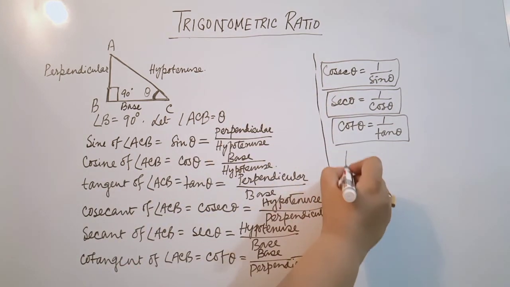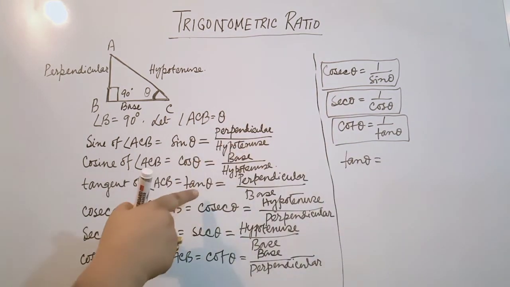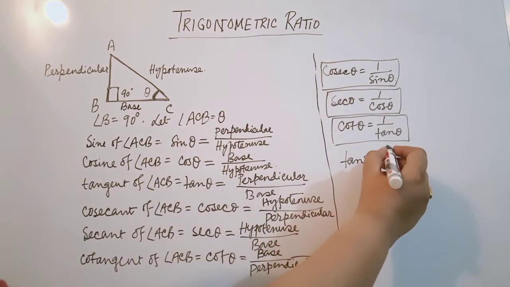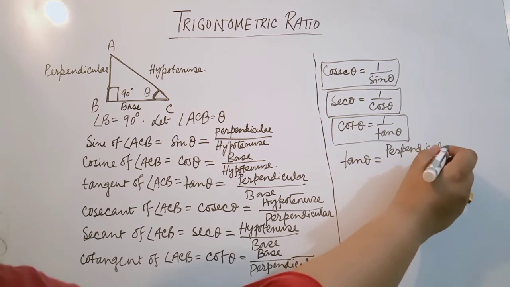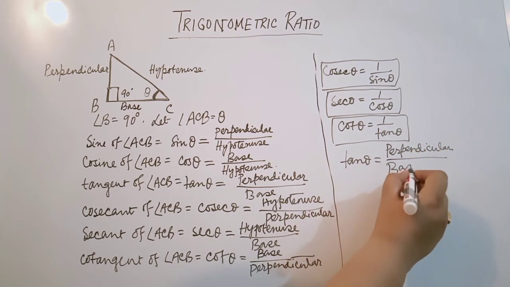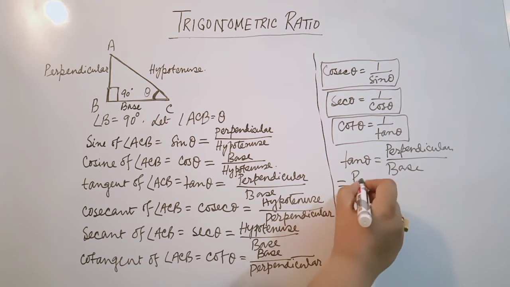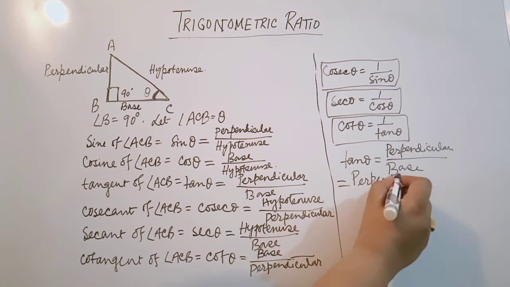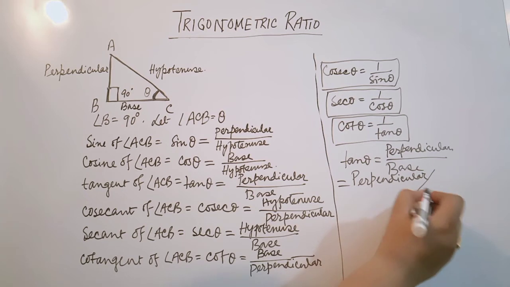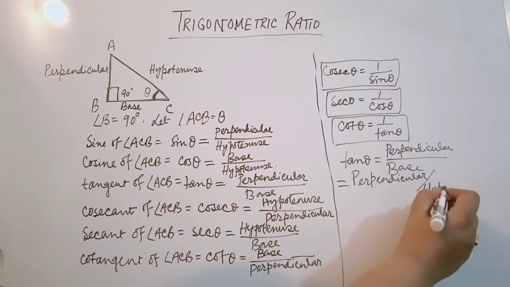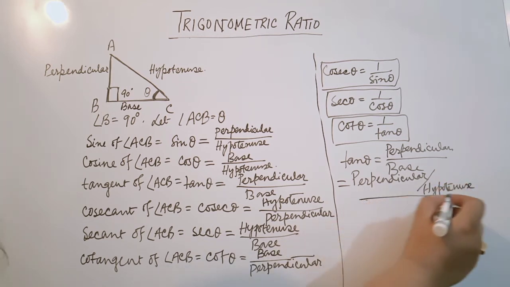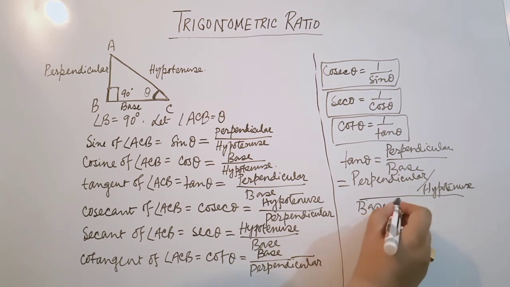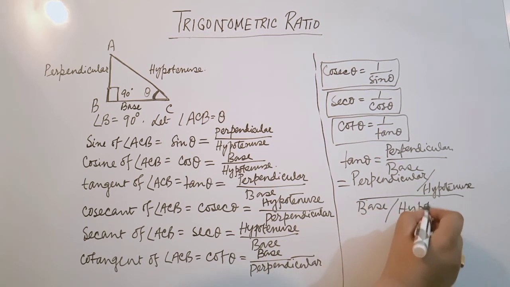Now consider this tan theta again. You will get tan theta is perpendicular by base. Now this can be represented as perpendicular by hypotenuse by base by hypotenuse.